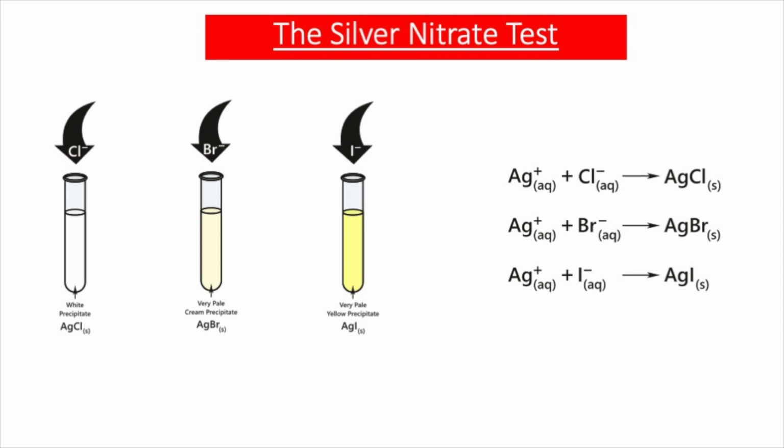Adding silver nitrate to any bromide will produce a cream precipitate because you form silver bromide, which is a cream insoluble solid. And if you have any iodide present and you add silver nitrate, you form a yellow precipitate. This yellow precipitate is quite pale in appearance, and it's due to the formation of silver iodide, which has a chemical formula AgI.